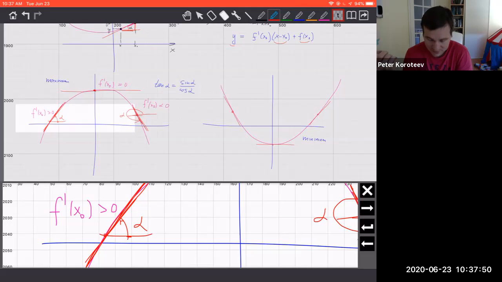Since the derivative is equal to the tangent of that angle, if tangent is bigger than 0, then the derivative is bigger than 0, and if it's smaller than 0, then it's smaller than 0. So that was the connection. Tangent is the derivative, so you can just measure the angle and then decide what the derivative is equal to.